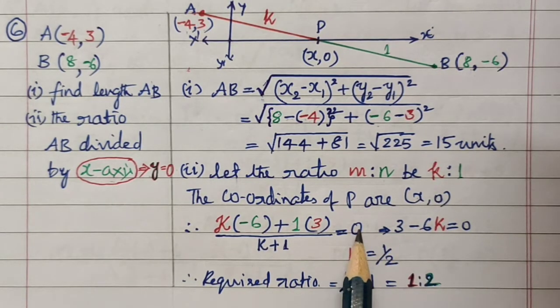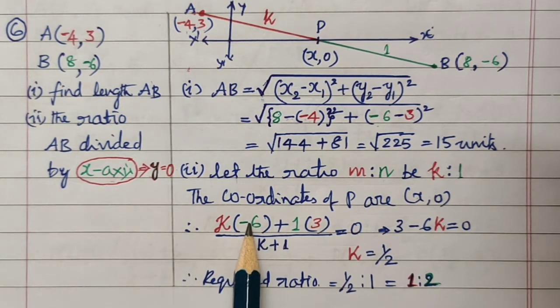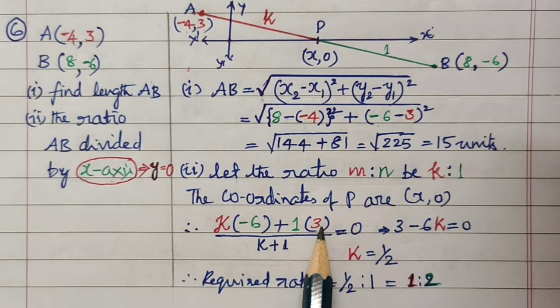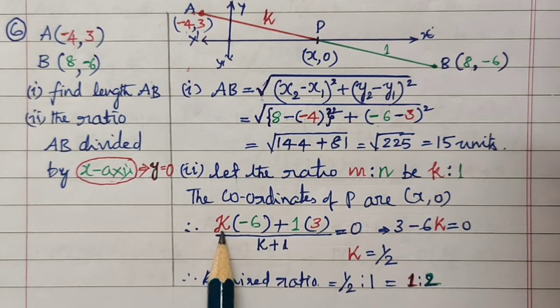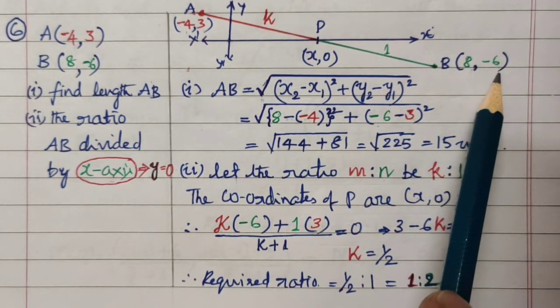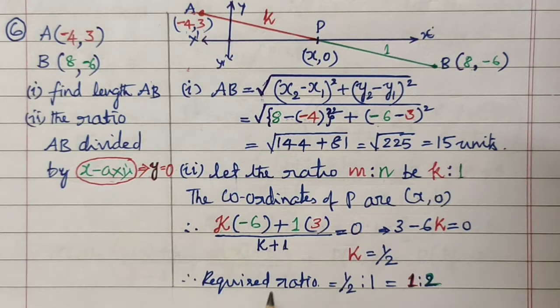Therefore, y is equal to (m into y2 plus n into y1) divided by (m plus n). In place of m we have k, in place of n we have 1, y2 is minus 6, y1 is 3. Then we can easily find out the value of k.